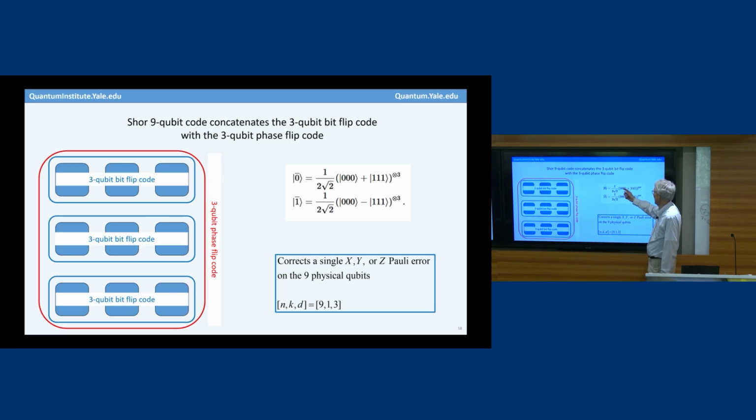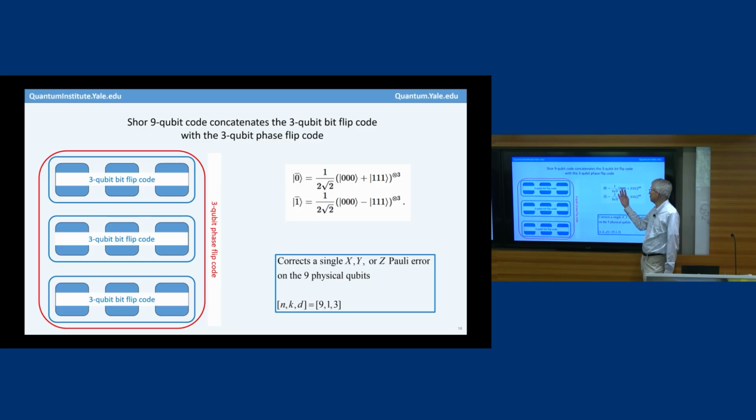Here you see the superposition of bit flip code states that's sensitive now to phase flips. And this will correct a single bit flip or phase flip or both, it turns out, if they're on the same site, namely a Y error. A single Pauli error on the 9 physical qubits. So it's [[n,k,d]]. n is 9 physical qubits, 1 logical qubit, and the distance of the code is 3.